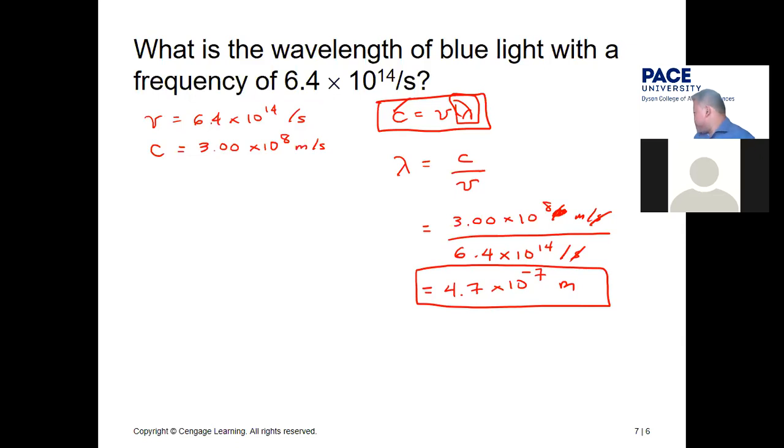So easy, right? You will be given the formula like this one, and the value of the speed of light.